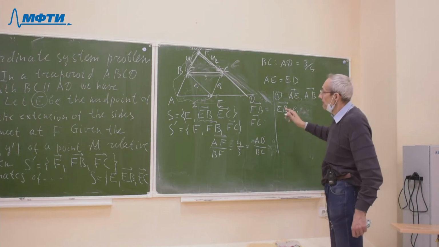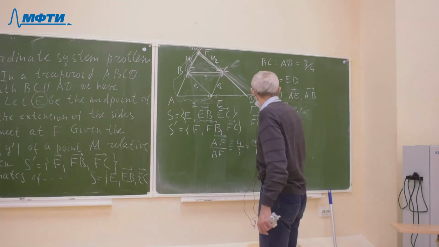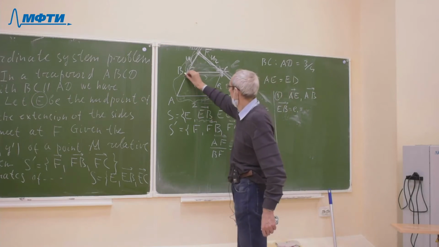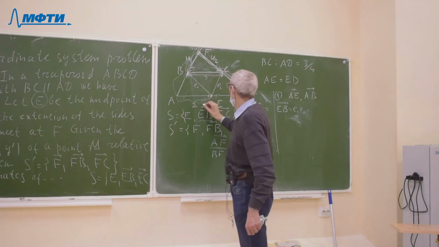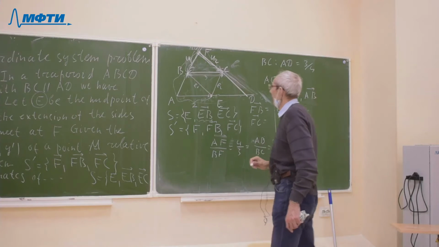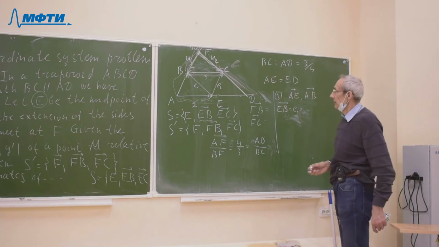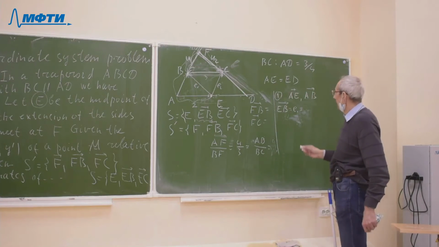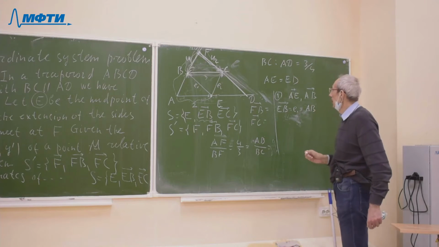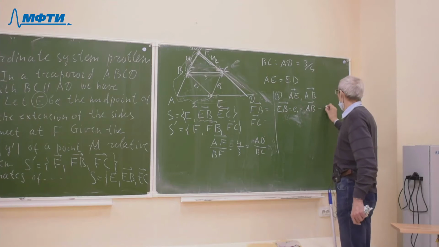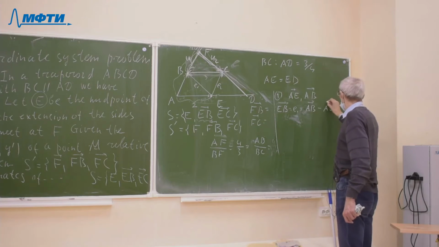Let's try to express these vectors in terms of this one and this one. EB is equal to AB minus AE.